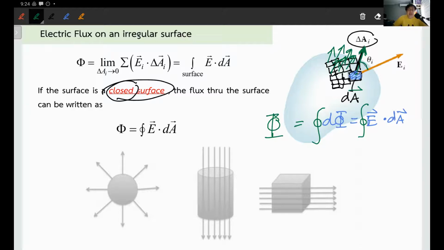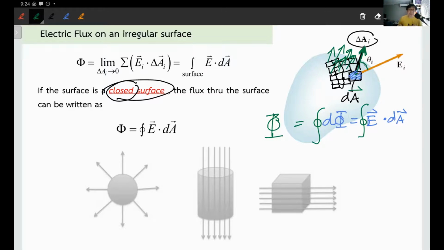And what does it mean? It means you want to know how many electric field lines are going through that closed surface. If the net is positive, it means within that closed surface there are electric field lines coming out of it.